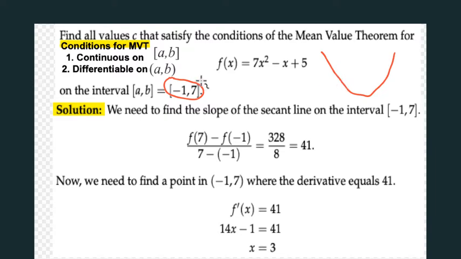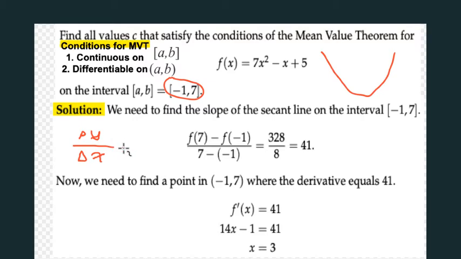So what's the first thing we need to do? Well, let's get the average slope. What's the slope of the secant? We know that slope is delta y over delta x, rise over run.